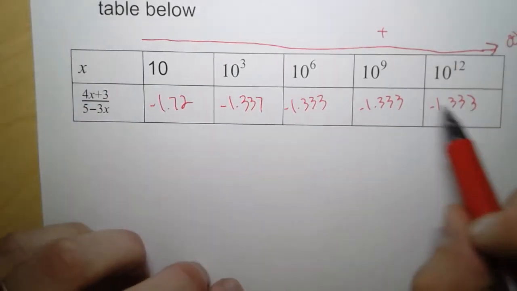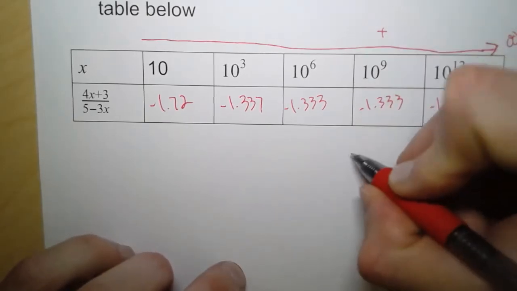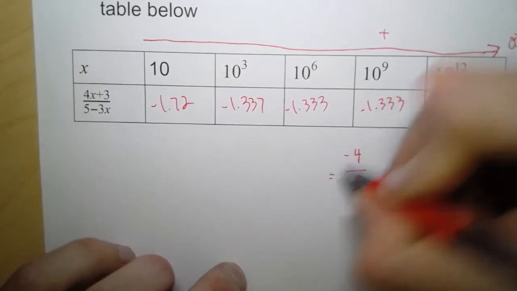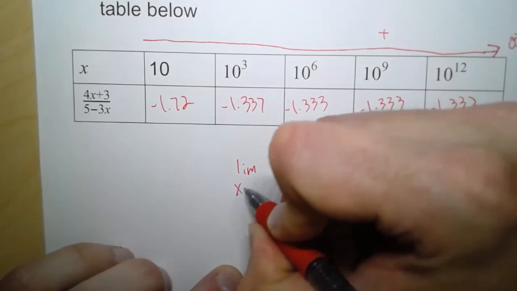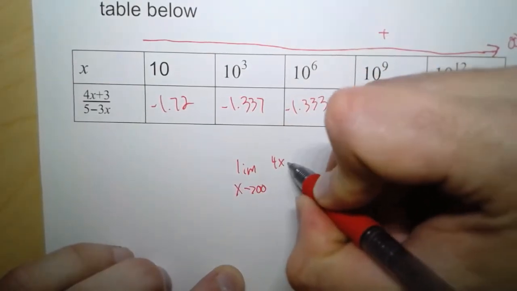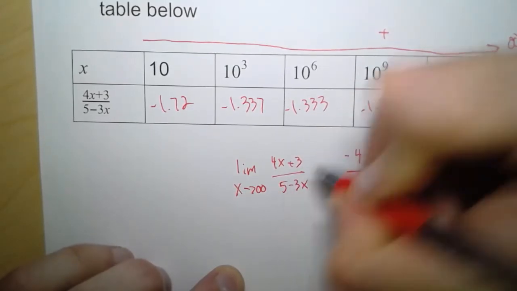Now these are all approaching the same decimal, and if you recognize this, this is negative 4/3. And so that is what our limit equals. Our limit as x approaches infinity of 4x plus 3 over 5 minus 3x.